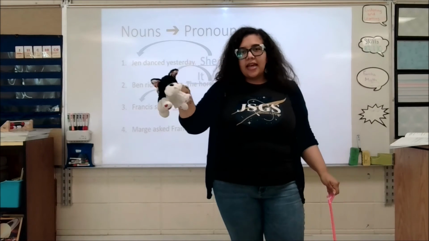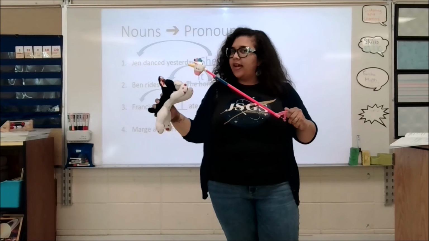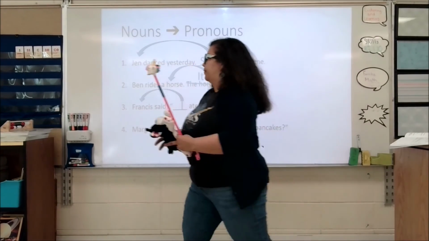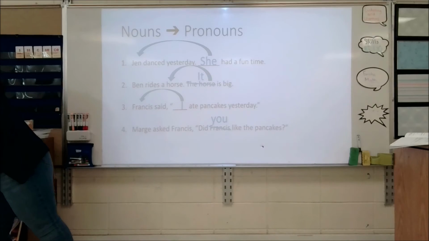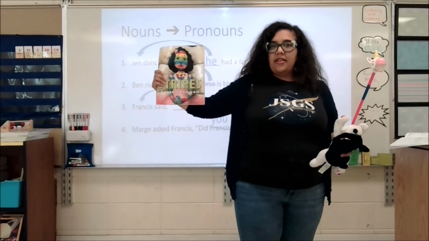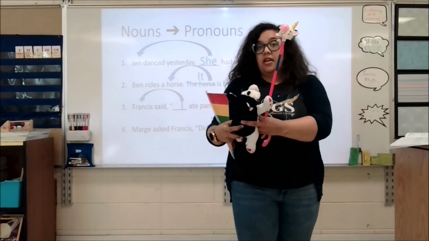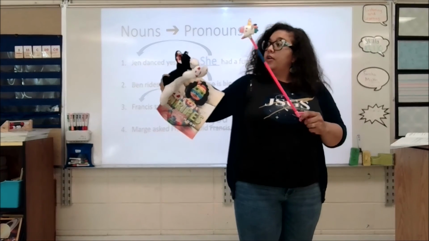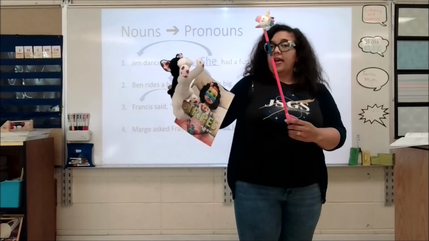Well, if Francis ate them, why would Marge say, did Francis like the pancakes? The only way that works is if this person over here is Francis. So pretend this is Francis, and this was who Marge was talking to, and Marge said, did Francis like the pancakes?